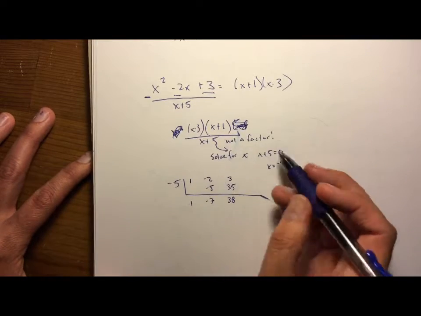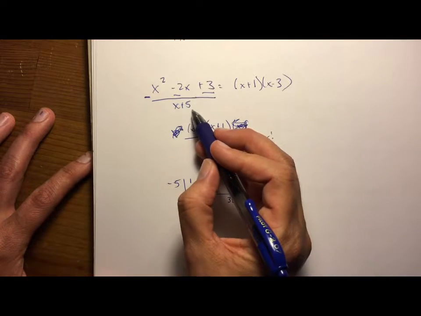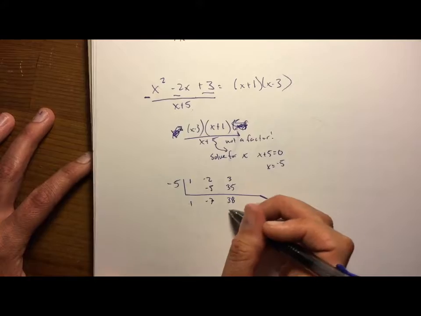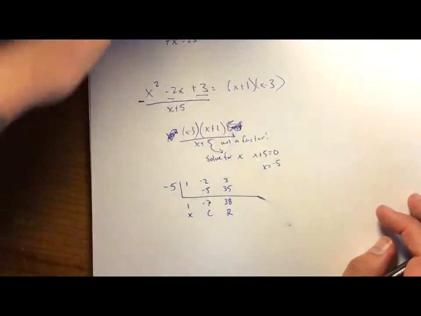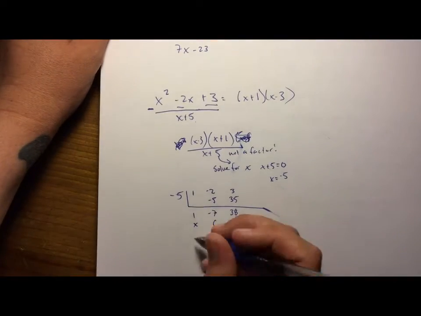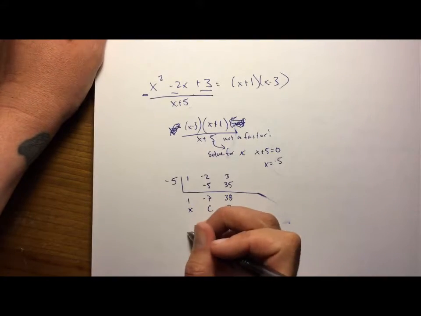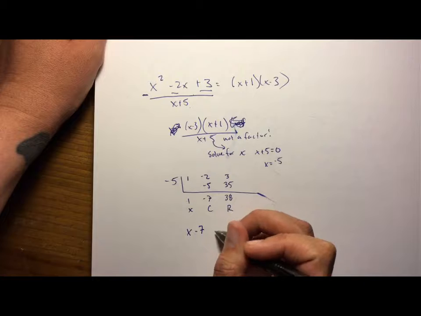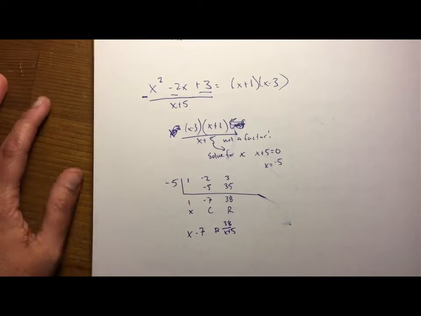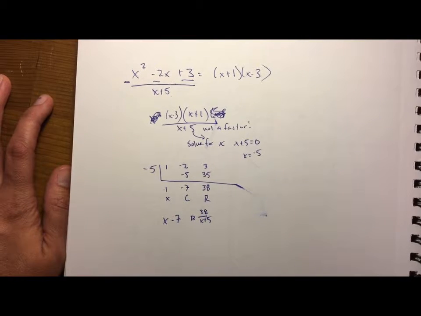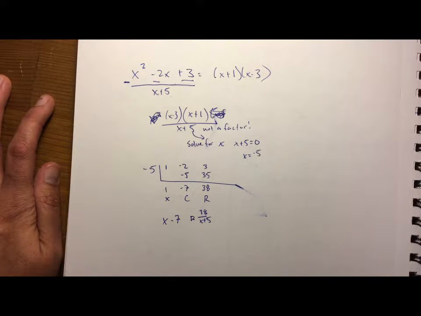Which means if you were to divide this polynomial by x plus 5, you would end up with, this is remainder, constant, x. Oi, another cat, come on. You'd end up with x minus 7, remainder 38, over x plus 5. And that's synthetic division. It also will let you know if things are factorable.